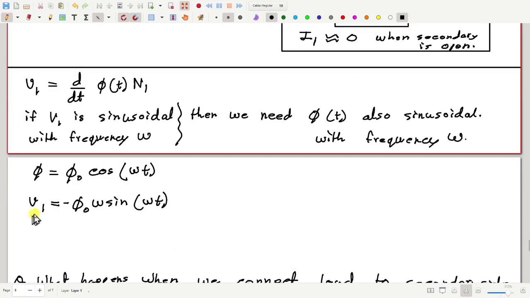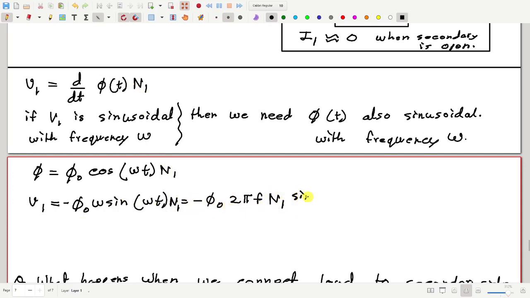And then how much is the RMS value of V1? This we can write as phi naught 2 pi f, and I missed something here, N1, sine omega t.